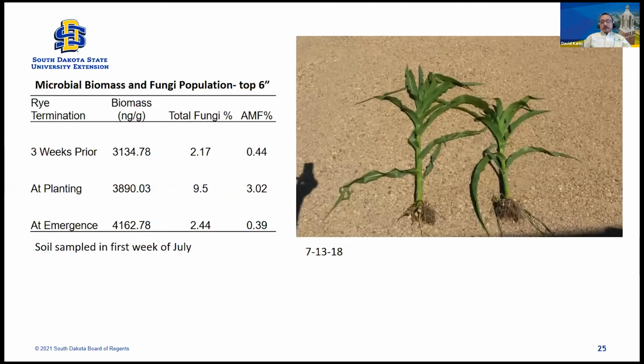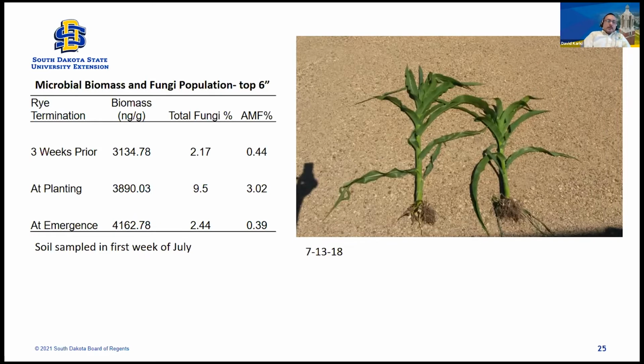This picture in this slide was taken July 13th. So you again see the difference in the height of the plant. But on this table that I wanted to show you, we talk about cover crops and the soil health world. We talk about what happens underneath the soil.